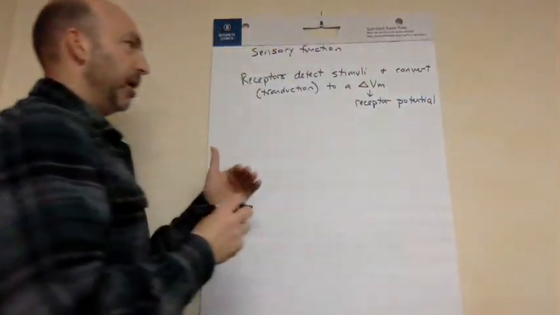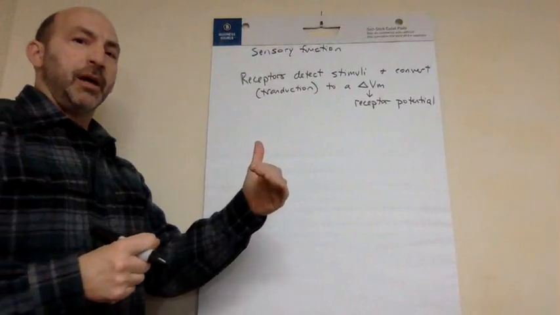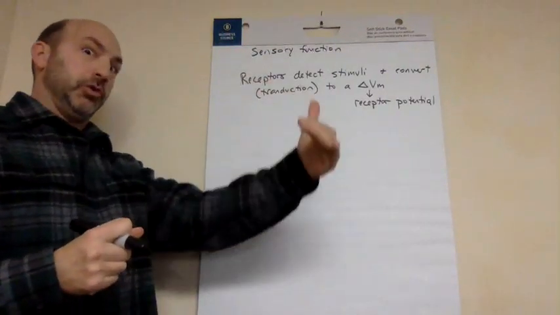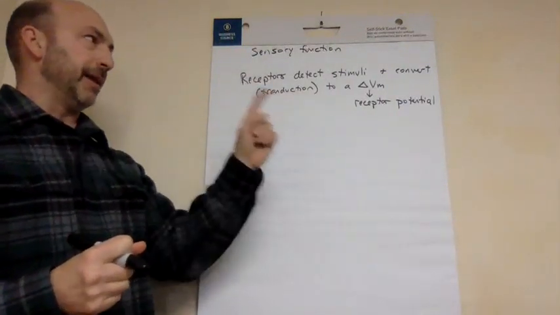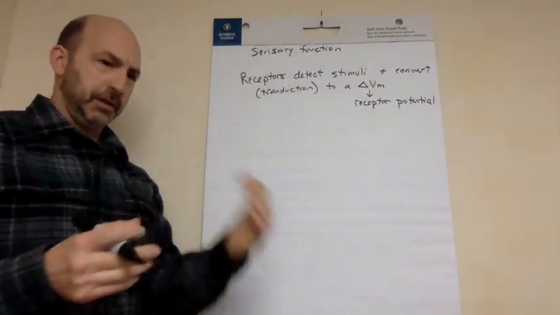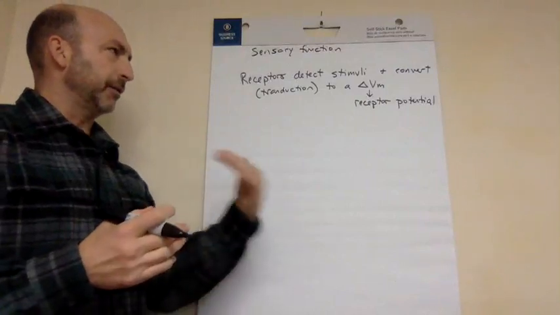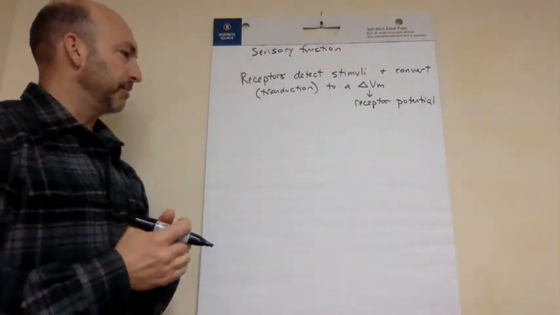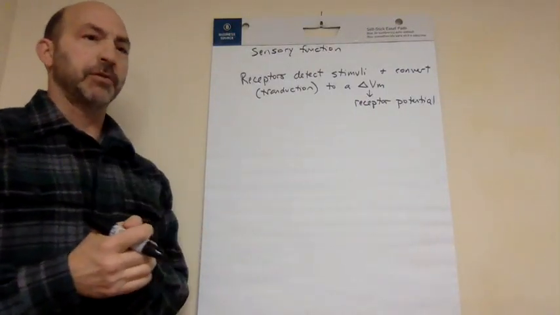In other words, if a stimulus arrives and is transduced into an electrical signal, that electrical signal is called the receptor potential. I'll point that out when I draw a sensory neuron here in a second.